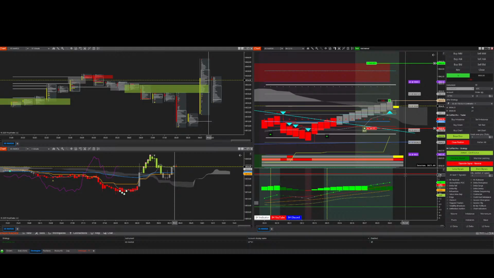Well, that gives you great information, but it's not as detailed as what we have here. We have individual price action at each individual level. We see the volume at each level.